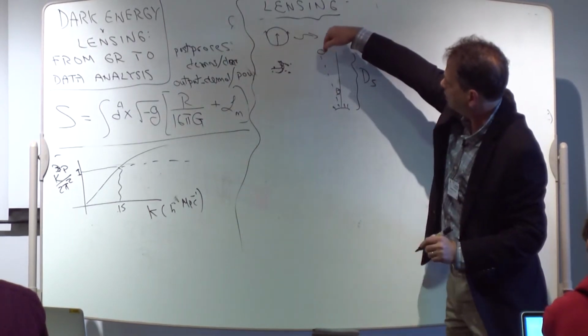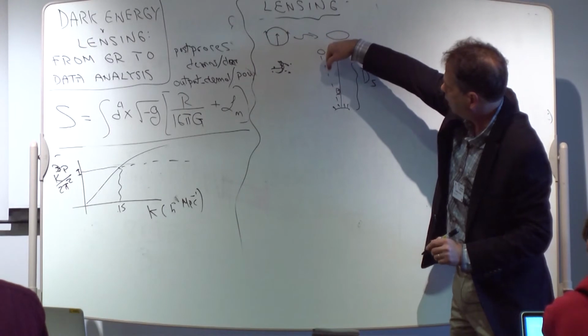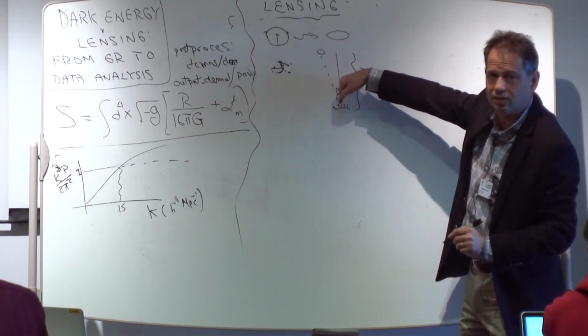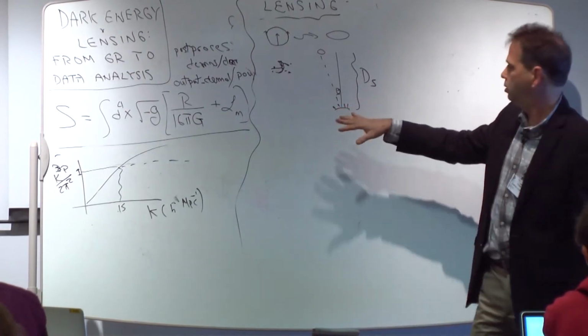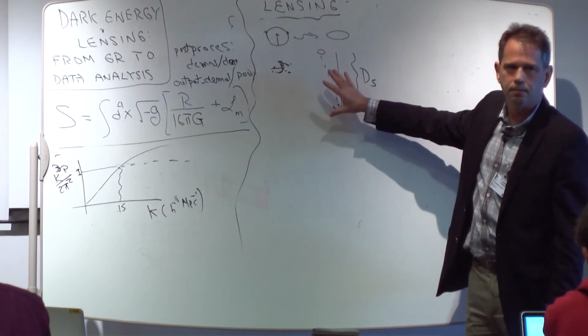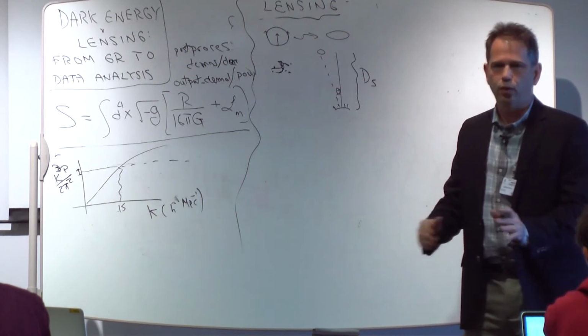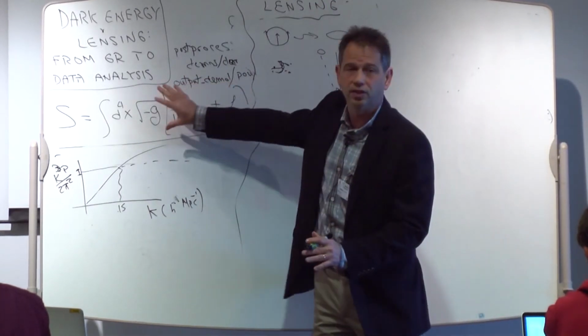And the question is, how does light propagate as it traverses this distance, given the fact that there's inhomogeneous matter in between us and the source? Do people see the geometry here?